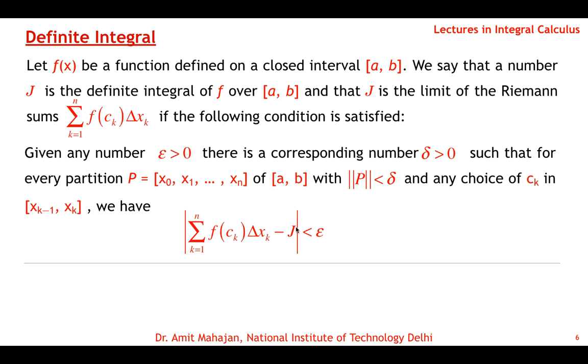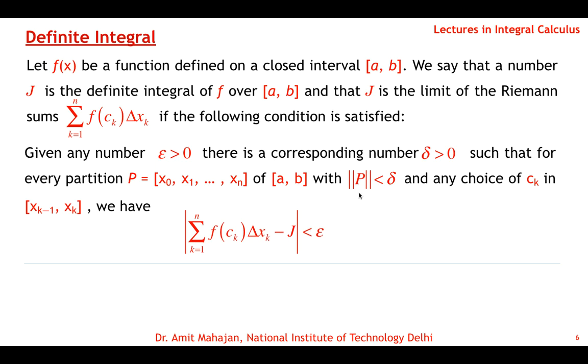And how close it is: the distance of J from this Riemann sum is within epsilon whenever the norm is sufficiently small, less than delta.